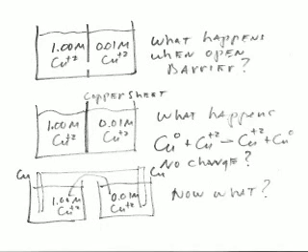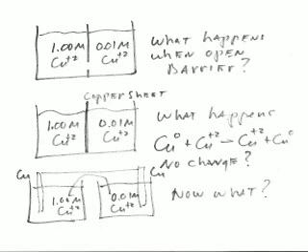But 100 times as many copper ions are going to be reduced on the left as are being reduced on the right, which means as time passes, the number of copper ions getting reduced on the left will be much greater than the number of copper ions being reduced on the right, whereas the number of copper ions being released from the metal will be the same on both sides. And the effect is, well, it'll keep going until both concentrations are equal again, because that, of course, is what entropy wants to have happen.